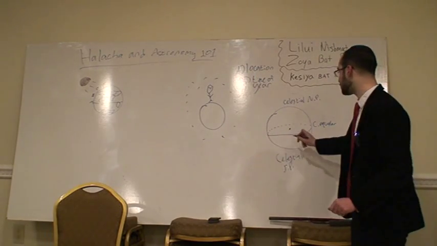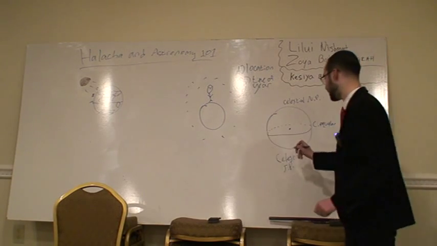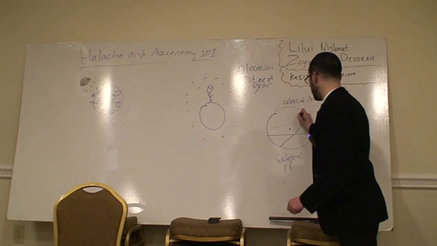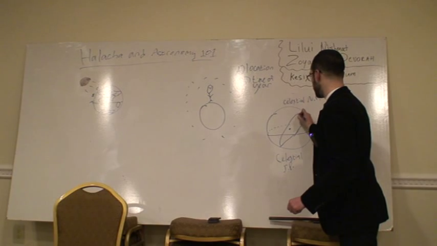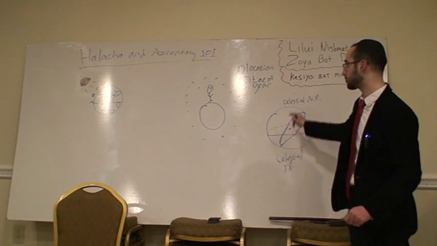Therefore, the sun goes around the earth in a 23.5 degree axis as well. This is the path that the sun would take around the earth throughout the entire year.